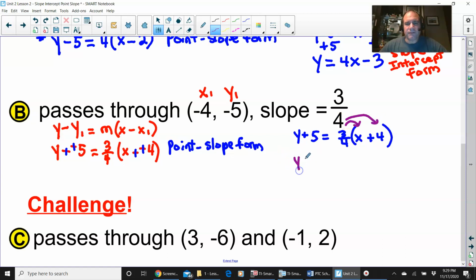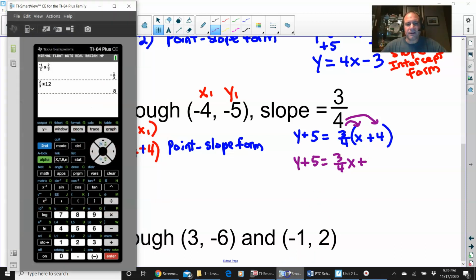So I have y plus 5 equals 3/4 x plus, because it's positive times a positive, I'm going to bring up the trusty calculator. 3/4 times 4 is 3.